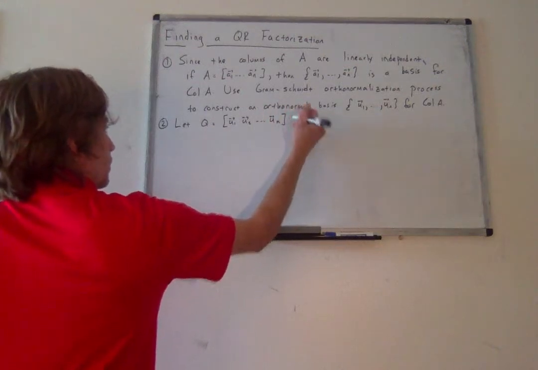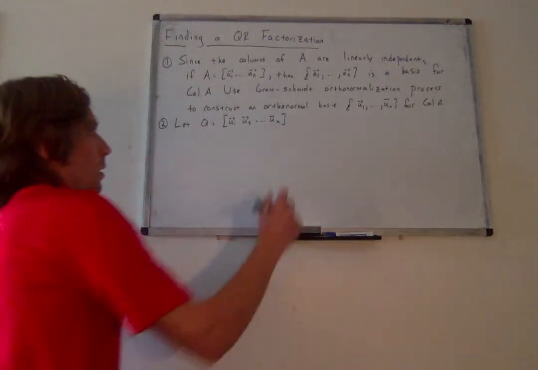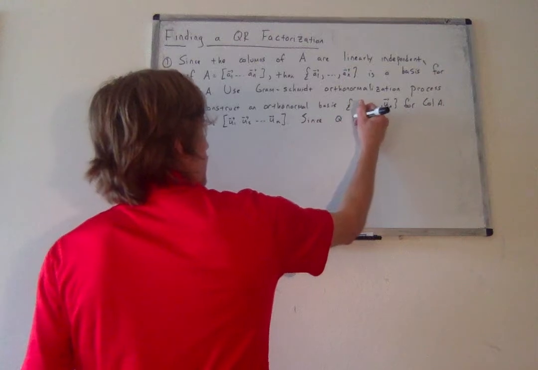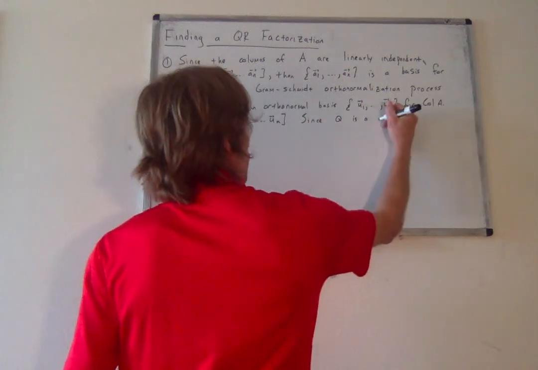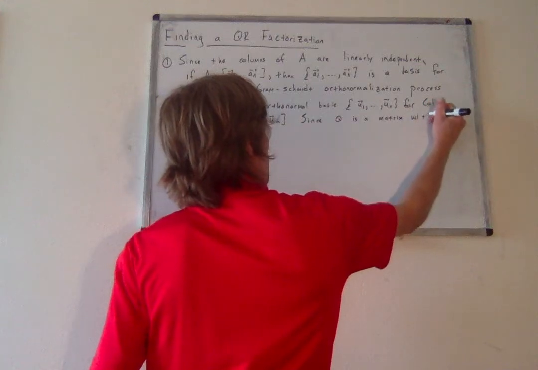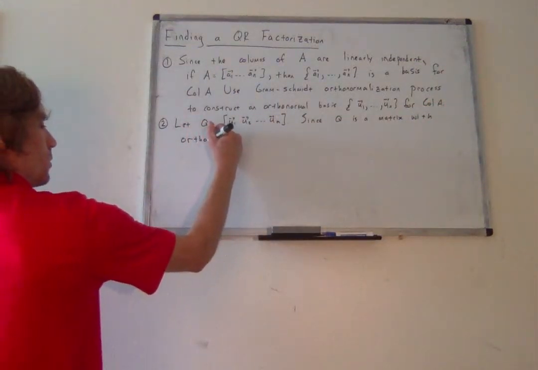So Q is relatively straightforward to find. And so notice, since Q is a matrix with orthonormal columns, we know something about Q.